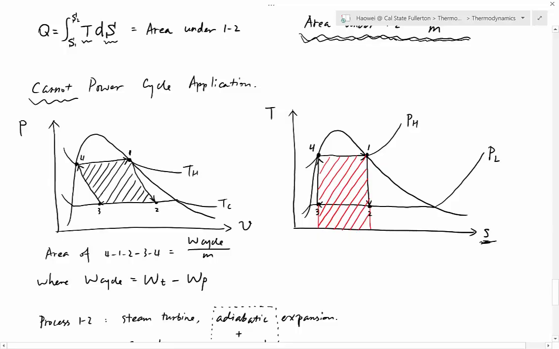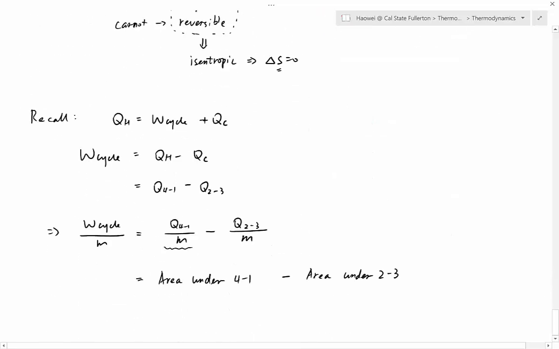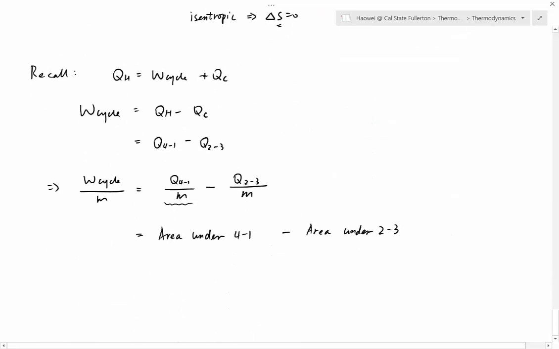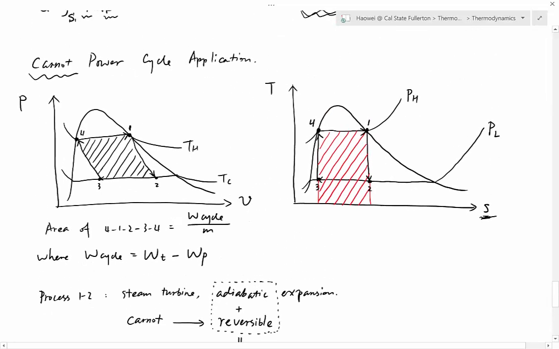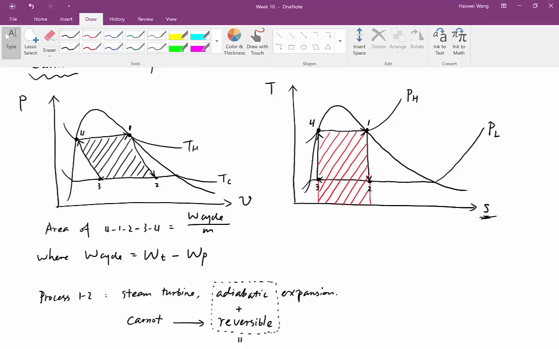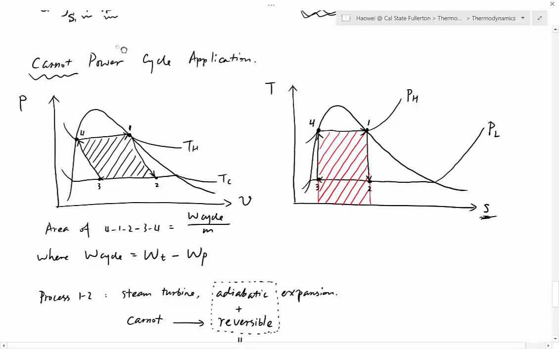Okay, and then what we do is subtract the area under 2-3. Let's use a different color. So we subtract the area under 2-3. Subtract the blue. So red minus blue, what is left?